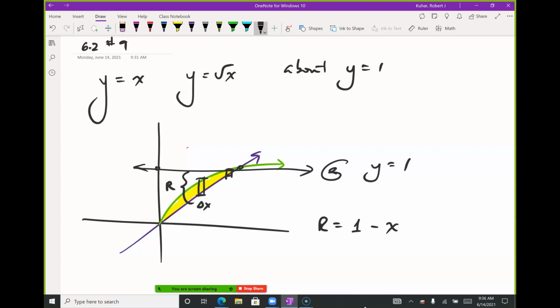That rectangle is so small there, it's really a height of 0. And what's 1 minus 0? If I take my formula for capital R, 1 minus 0 is 1. And so my radius there is 1. Remember, I'm rotating around that line. So I can see that I'm rotating that whole thing around a radius of 1.